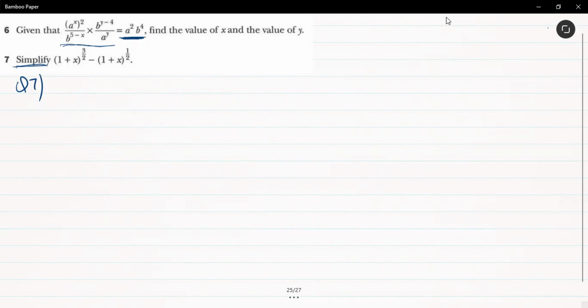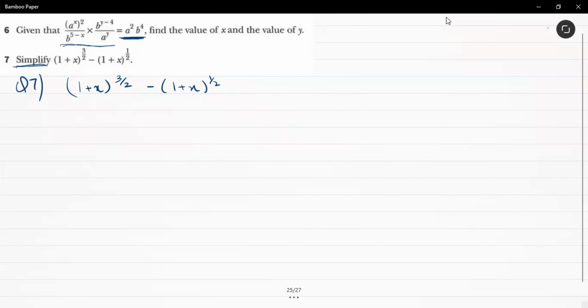So we have (1 plus x) to the power 3 over 2 minus (1 plus x) to the power 1 over 2. How are we going to simplify this? As I've told you, it's really important for mental maths.